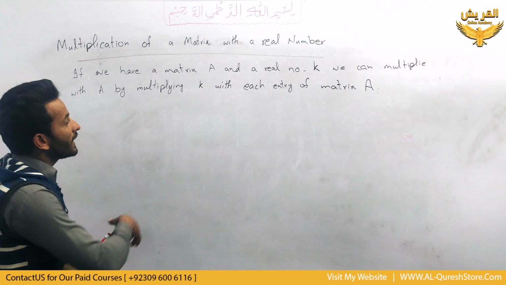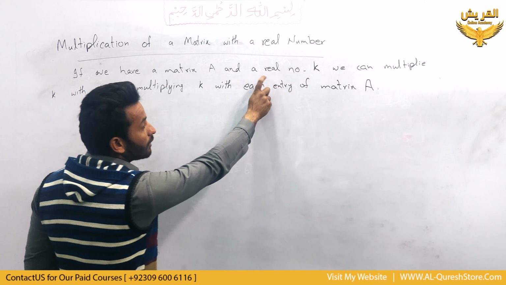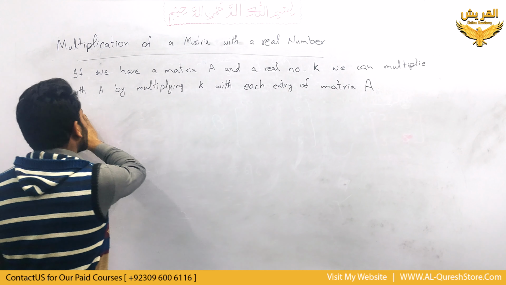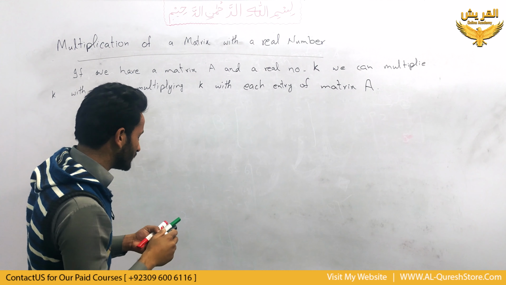If we have a matrix A and a scalar real number k, we can multiply k with A by multiplying k with each entry of matrix A.